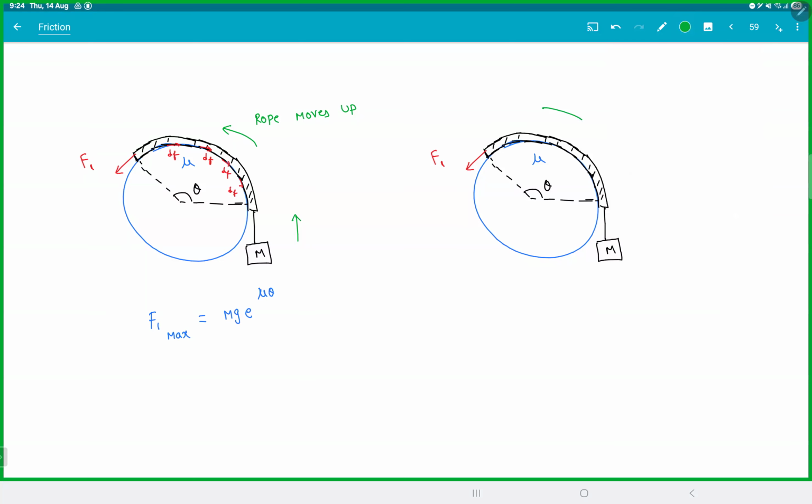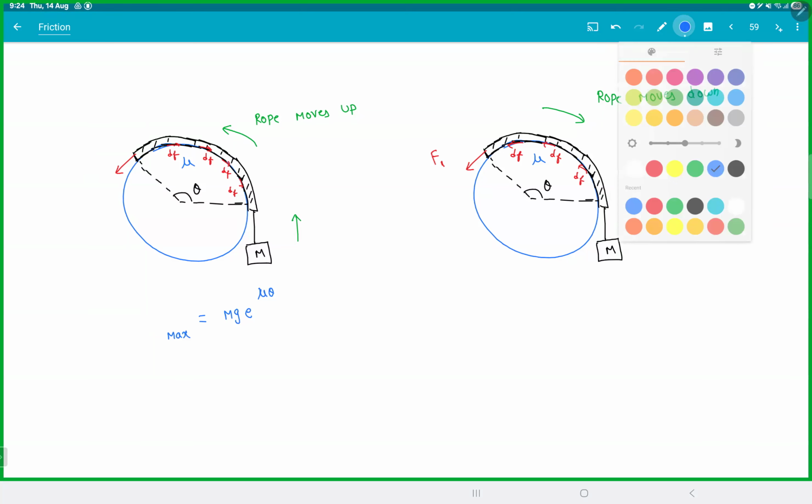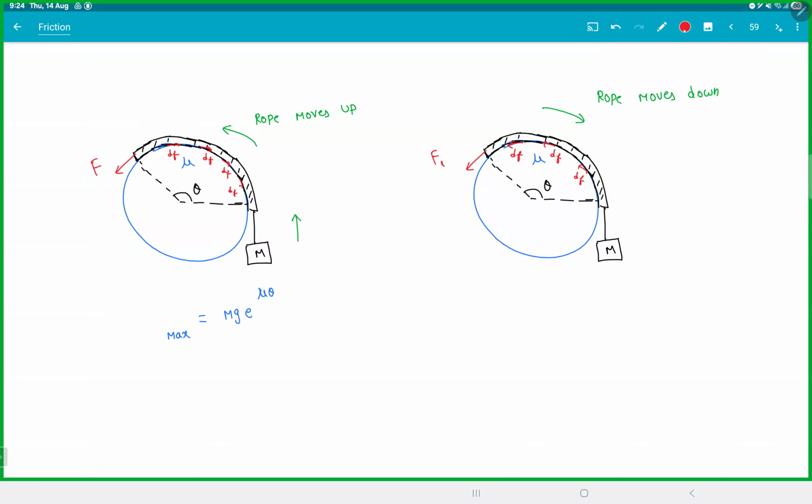Suppose it is sliding down, then frictions will be in the upward direction. That means your force will be less than mg. In this case, you will get F minimum will be mg into e power minus mu theta.